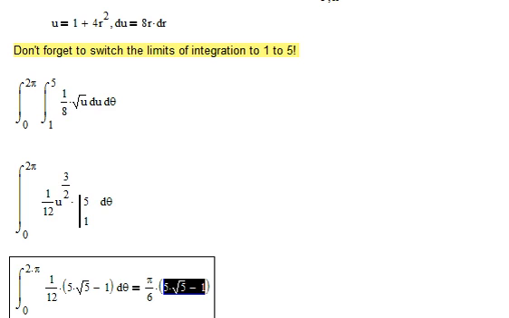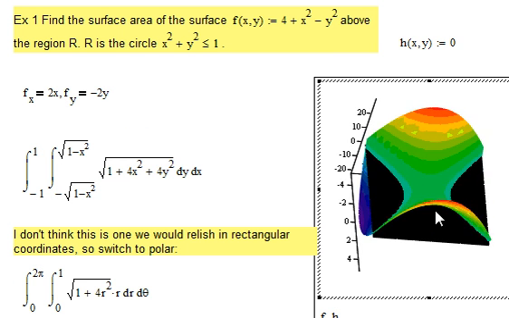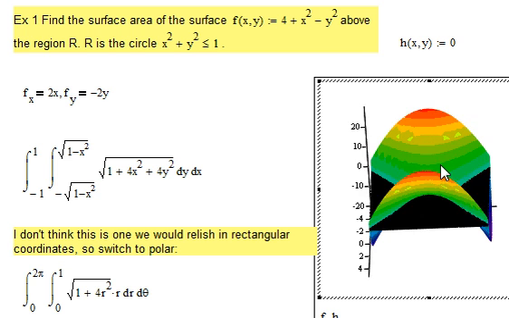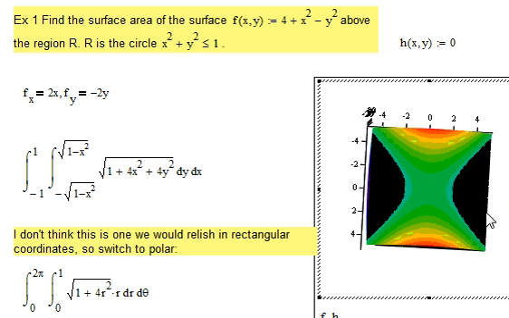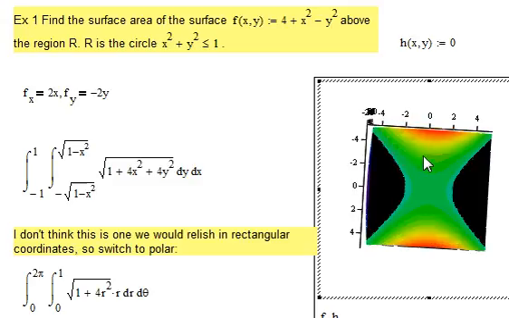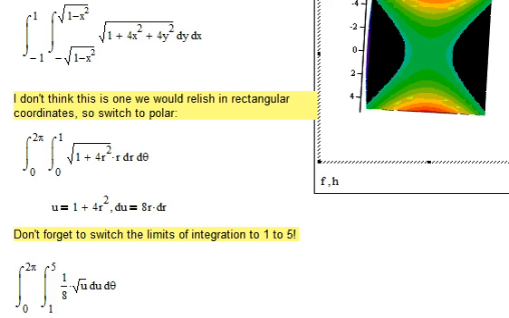What did we actually find? I've got a picture. If you can see this graph, this obviously is a saddle point, and I'm looking down at the xy plane, and the region R would be a circle right here of radius 1. So this number that we found down here, where was it?